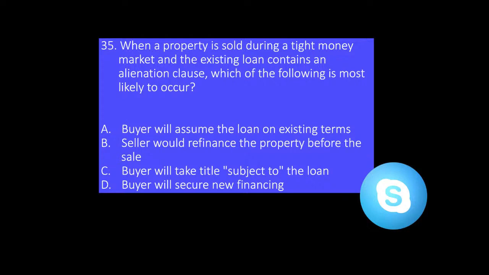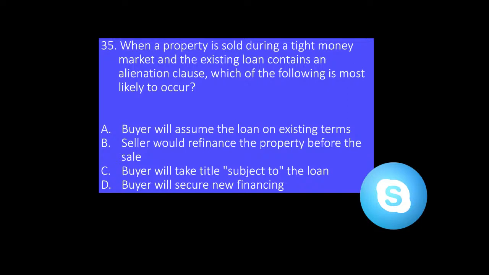The lender won't even allow it. So A is out. B says the seller would refinance before the sale. Well, in a tight money market, the seller would have a hard time refinancing the property. So B is not a good choice.